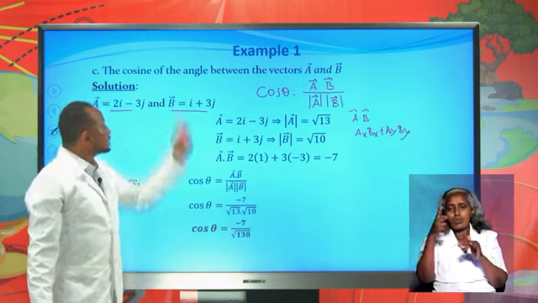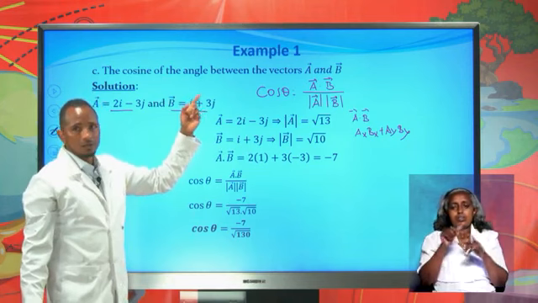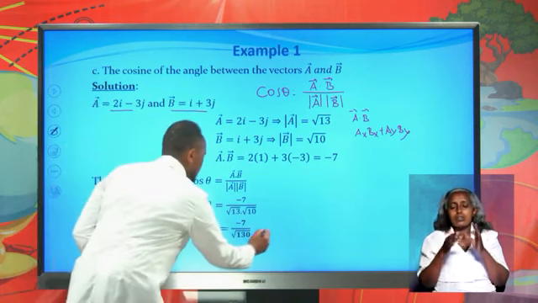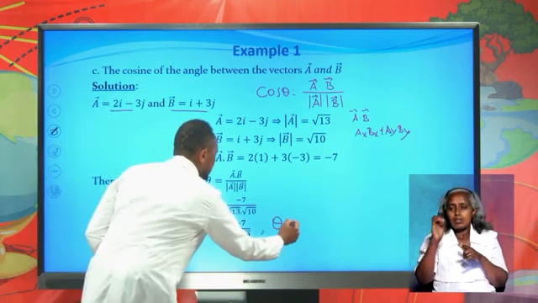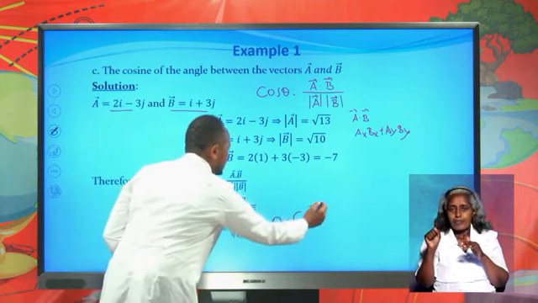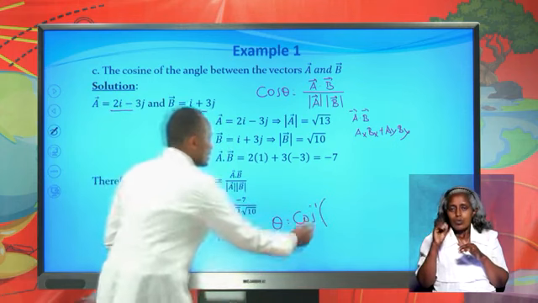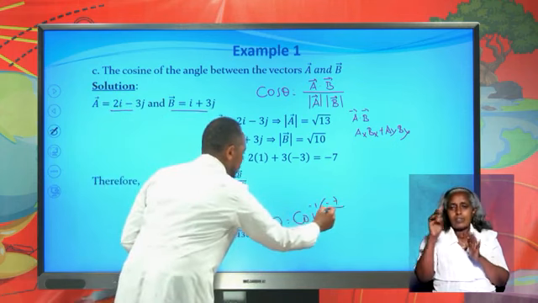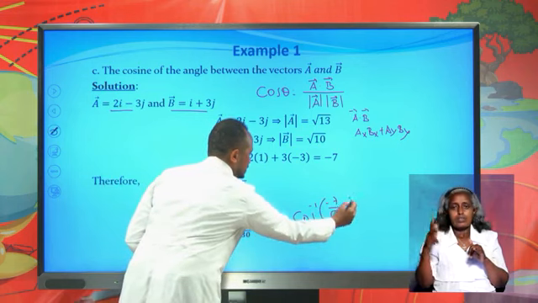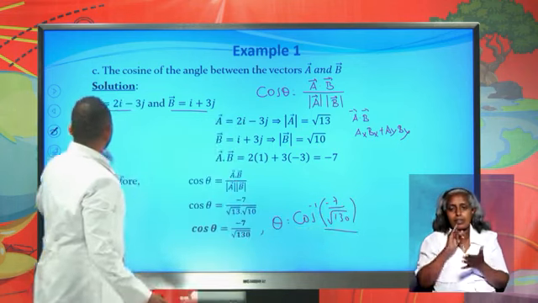We are asked to find the cosine of the angle between the vectors, not the angle. If we are asked to determine the angle, theta will be equal to cos inverse of negative 7 over the square root of 130. This is it.